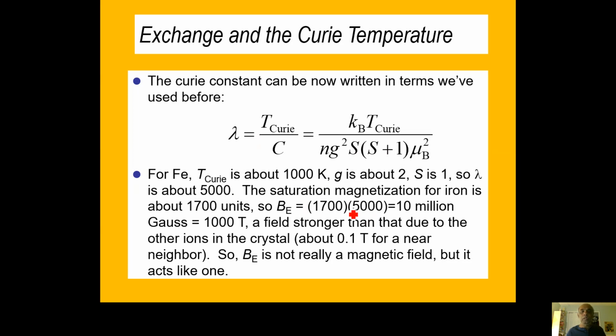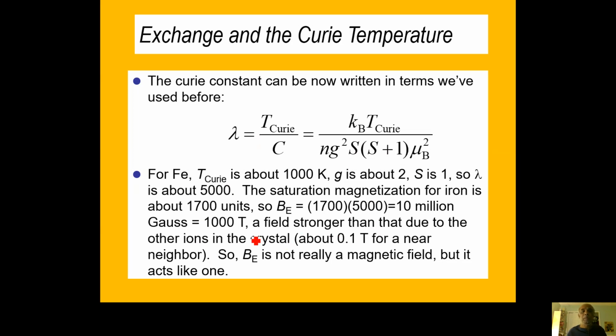If you take your M as the total number of magnetic moments per unit volume, right? So if that value is about 1700, we are talking about this B_E, like a very large magnetic field, about 1000 Tesla. Typically, the magnetic field due to this simple near neighbor interaction is only like 1/10 of a Tesla.